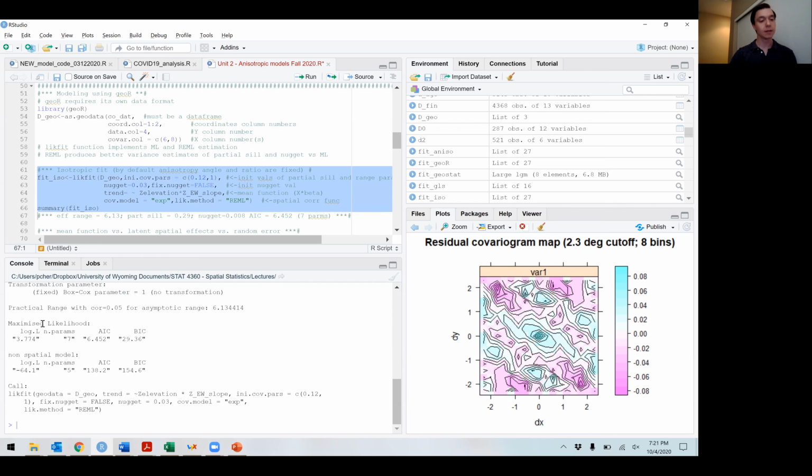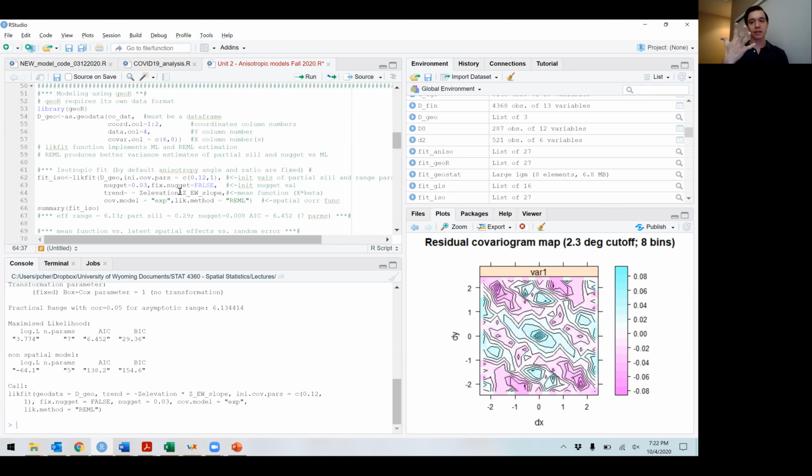It's a British package. But look, we have 7 parameters, and we compare it to a non-spatial model with 5 parameters. Can we count our 5 parameters? We have an intercept. We have our main effect of elevation. We have a main effect of slope. We have an interaction between elevation and slope. That's only 4. What's the 5th one?